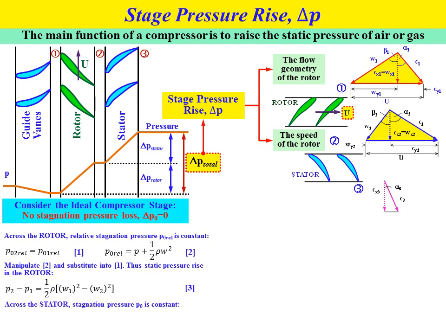However, across the stator, stagnation pressure P naught is constant, where P02 equal to P03, represented by equation number 4. And the basic formula for stagnation pressure is P naught equal to static pressure plus half rho C square, represented by equation number 5.